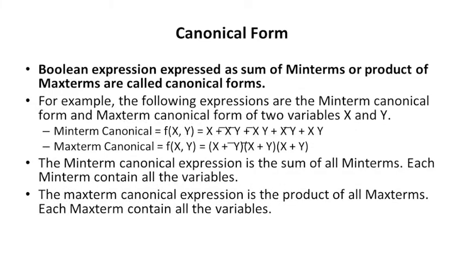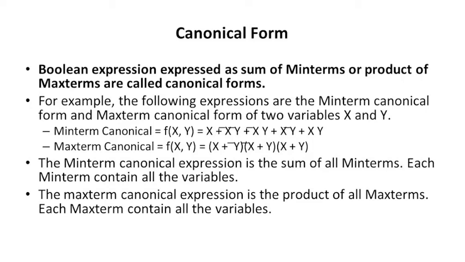Next heading is canonical form. Boolean expressions expressed as a sum of min terms or a product of max terms are called canonical forms. For example, the following expressions are the min term canonical form and the max term canonical form of the two variables x and y.